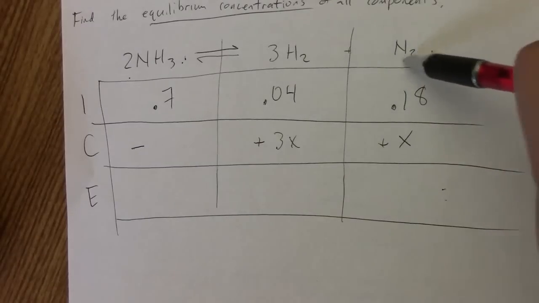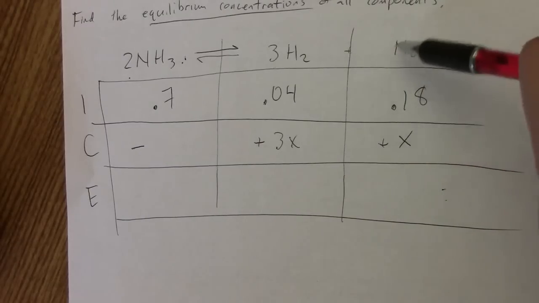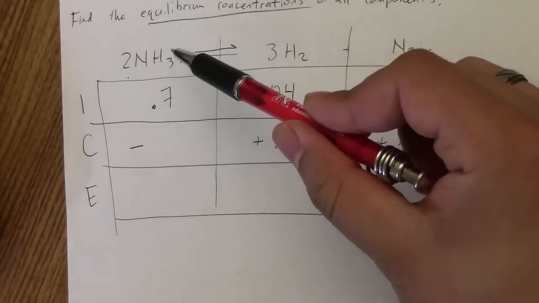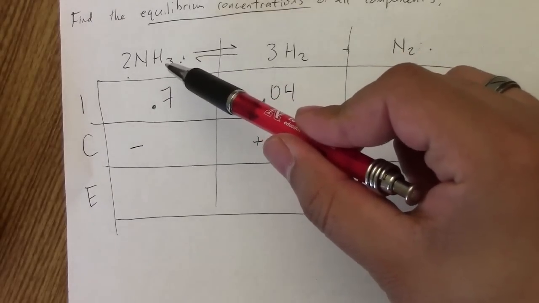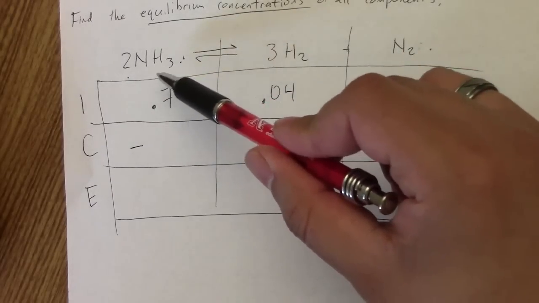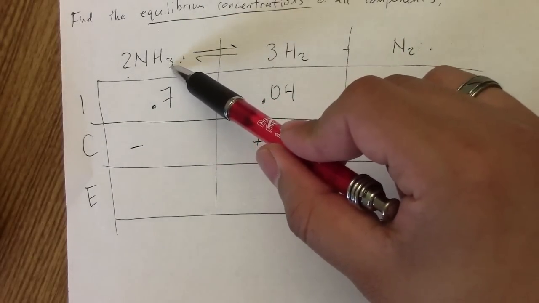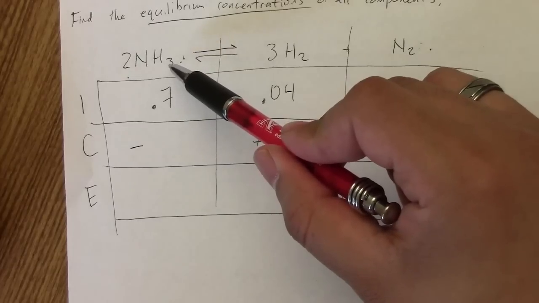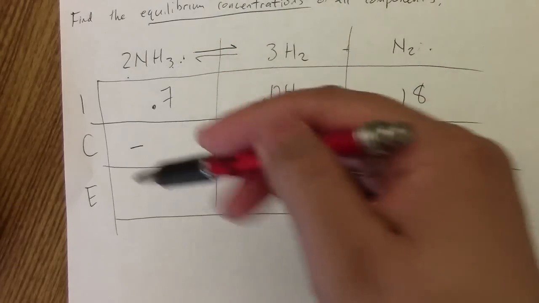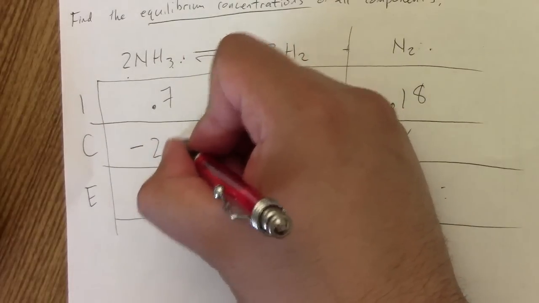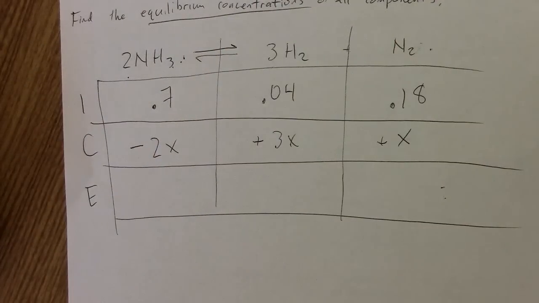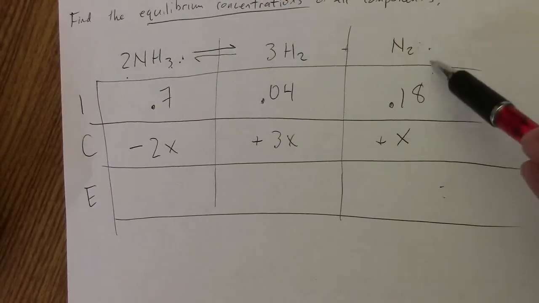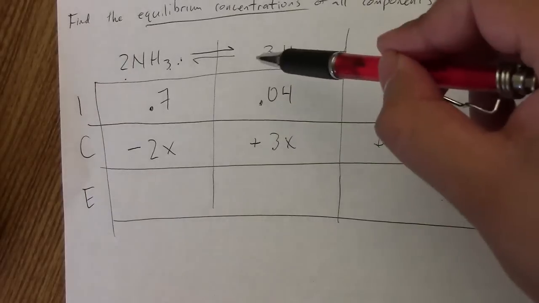Similarly, let's go back to N2 again. For each mole of N2 that appears, 2 moles of NH3 had to disappear. So for the equilibrium concentration, we're going to have 0.7, and then it's going to be minus 2X. All right? So that's basically looking at the stoichiometry, bringing that forward.